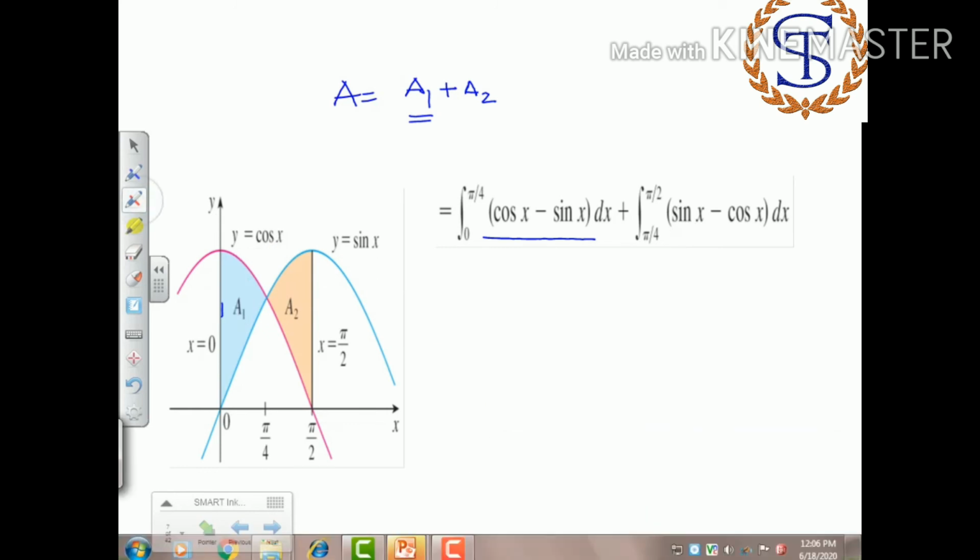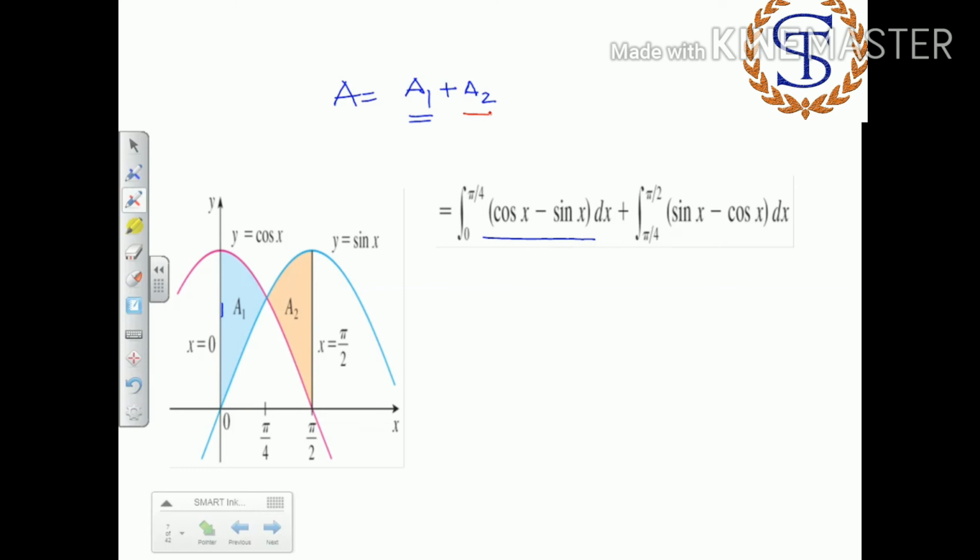And now for area A2. For A2 again, here we have to find out the area of this rectangular strip, that is y dx. And to get the value of y, again here it is y2 minus y1. For this, what is the value of y2? y2 is sin x, and this y1 is now cos x.